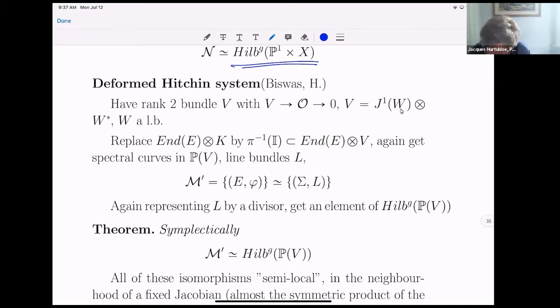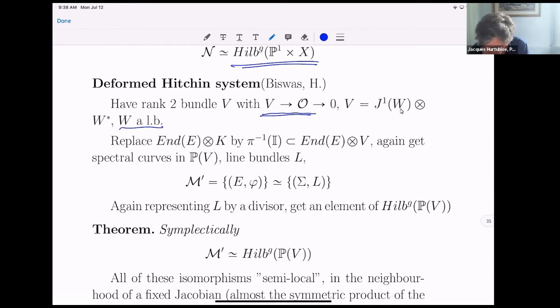But there's this orphan, and it's a rather interesting one. You have a bundle of one jets. Take a line bundle, and you do this, and it gives you a non-trivial extension where the kernel of V is a canonical bundle.